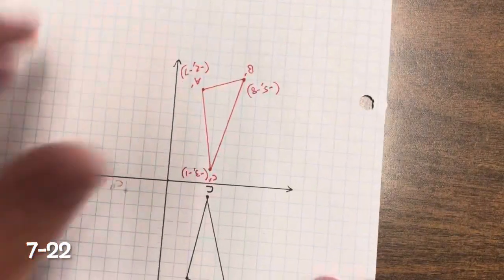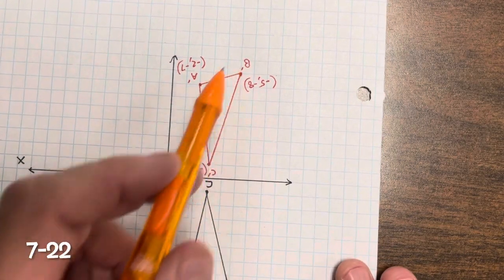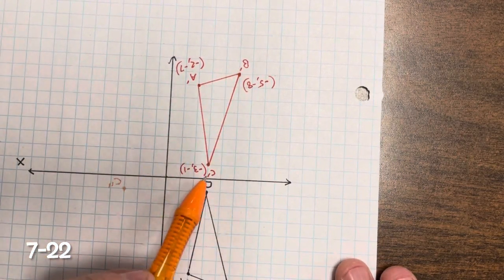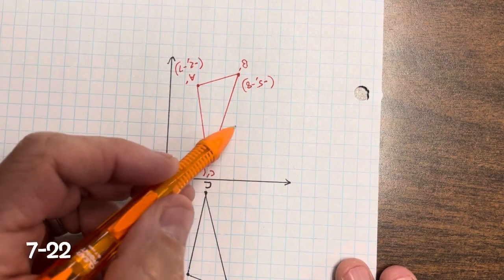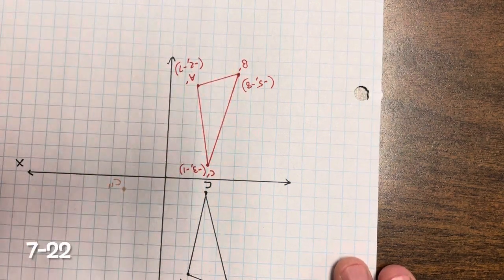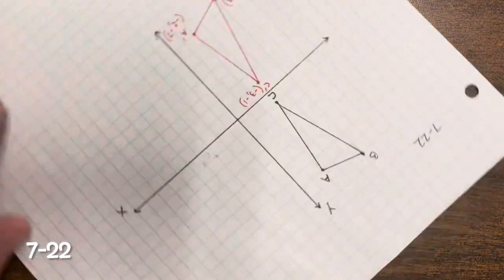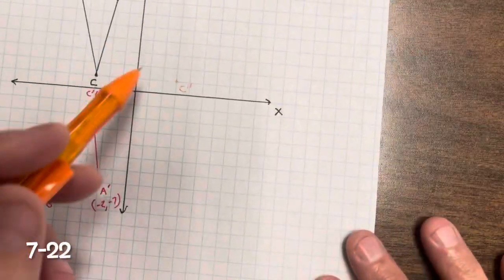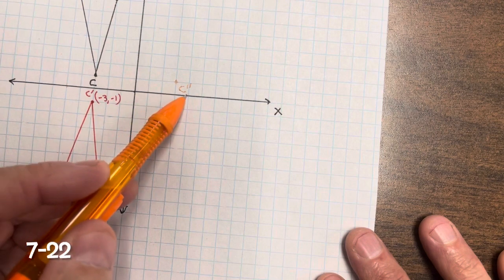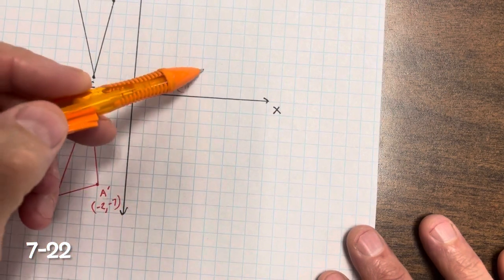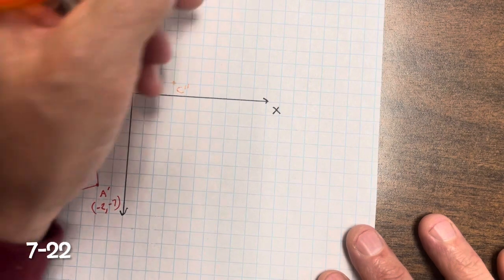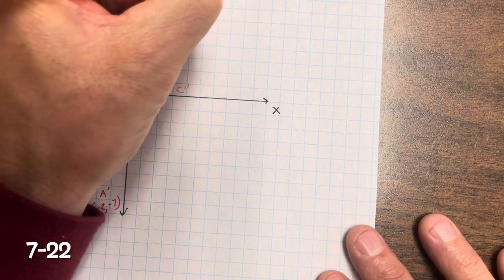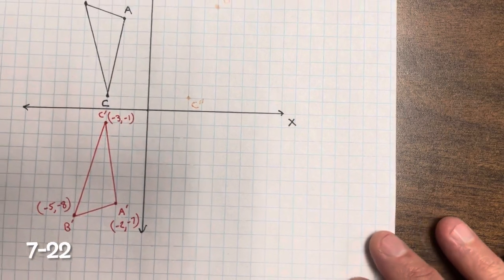Rotated 180 degrees. Here's B. B prime is here. 1, 2, 3, 4, 5 on the X, and 1, 2, 3, 4, 5, 6, 7, 8 on the Y. Rotate it back. 1, 2, 3, 4, 5 on the X, 1, 2, 3, 4, 5, 6, 7, 8 on the Y, and there's going to be B double prime.